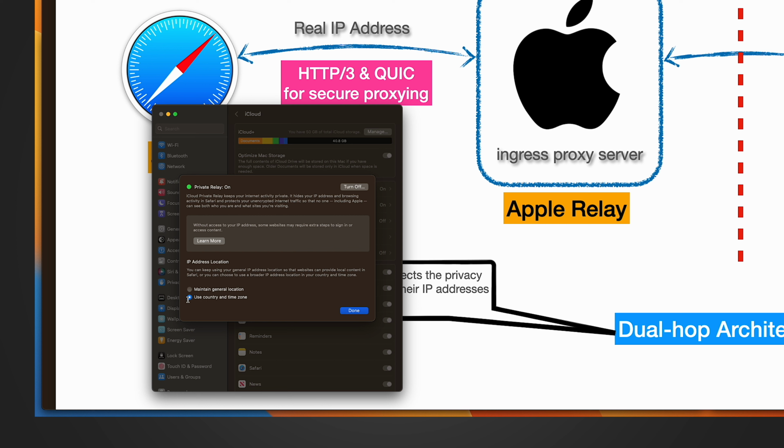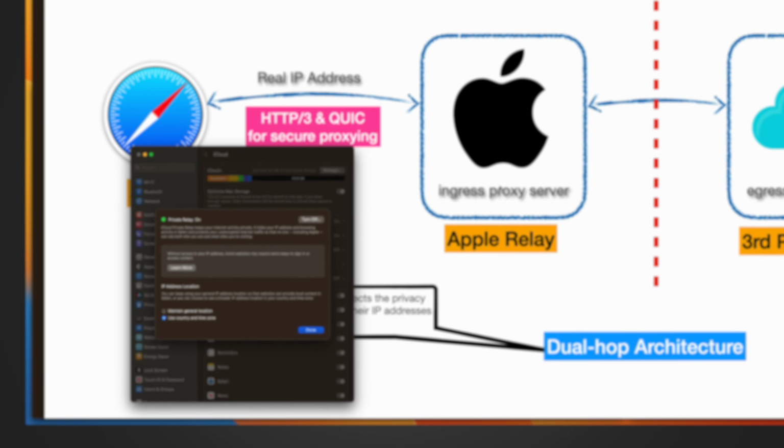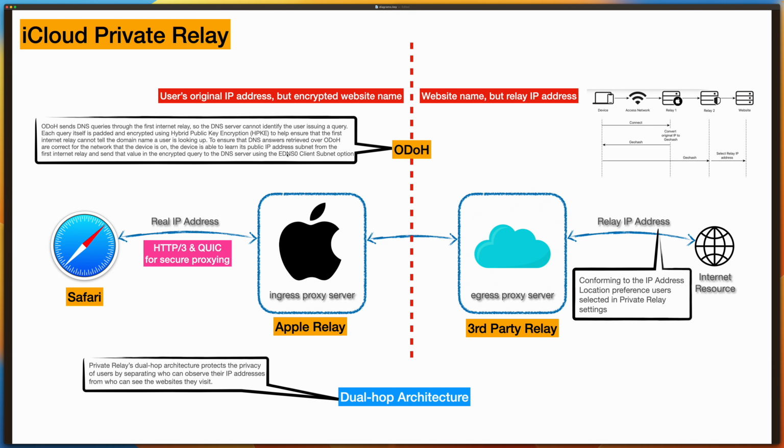But if you choose the second one, Apple will simply use a very generic IP address which has nothing to do with your real geolocation. For example, for me, Apple will simply use whatever US IP address. And similar to Oblivious DoH, as we mentioned previously, it will use this DNS option, EDNS0 client subnet.